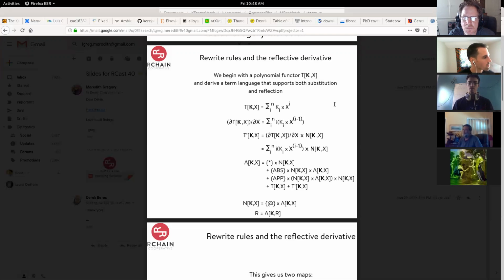I think we can really view any of the term constructors as functors. So you can think of the send term constructor as a functor.